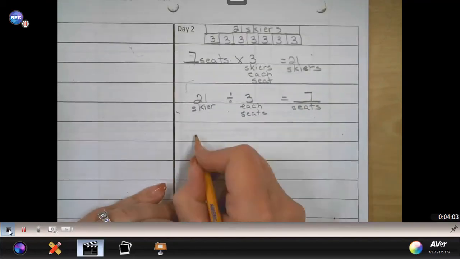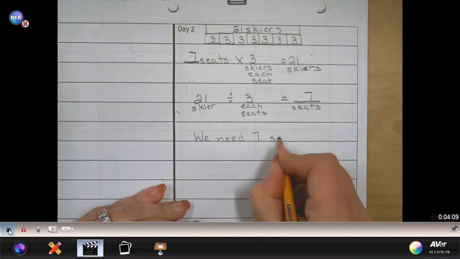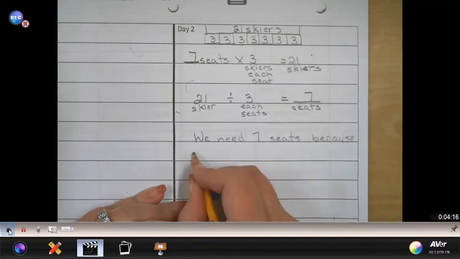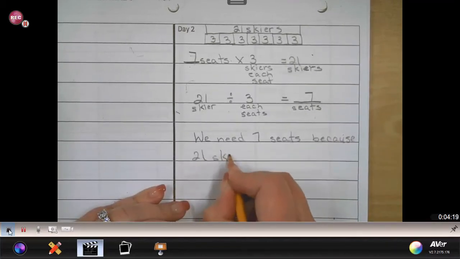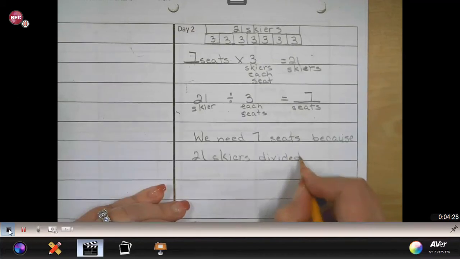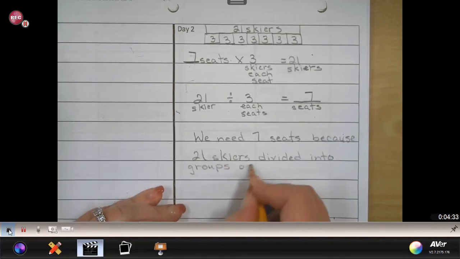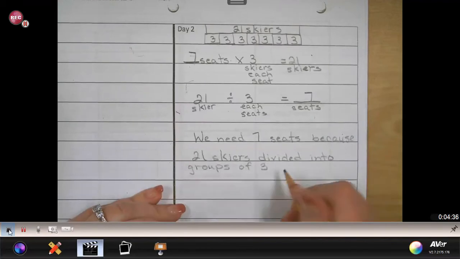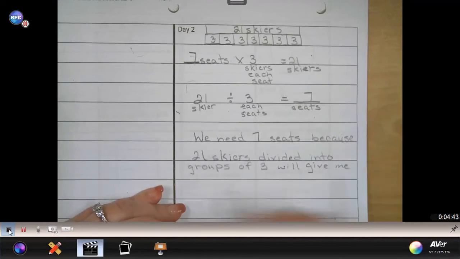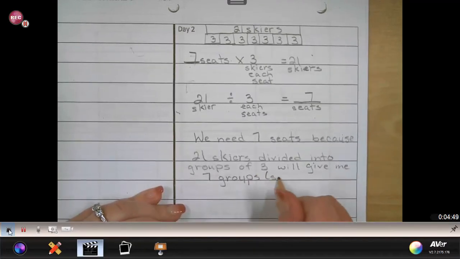So now we can say we need 7 seats because 21 skiers divided into groups of 3 will give me 7 groups, the groups being the seats.